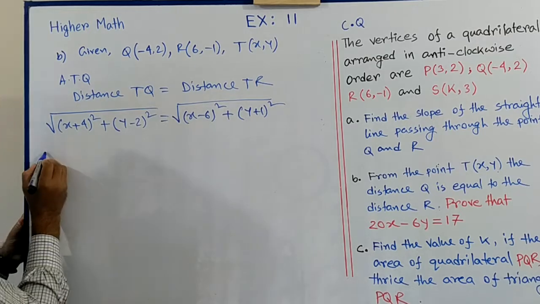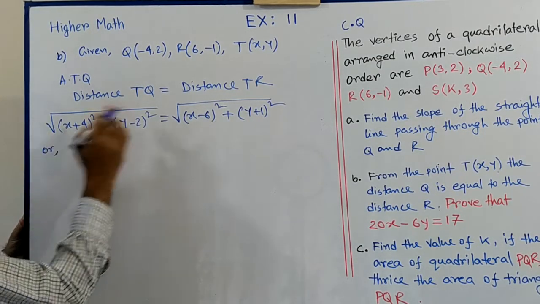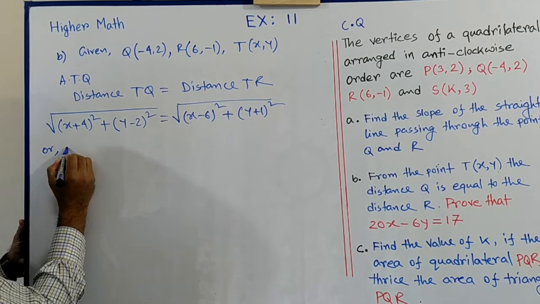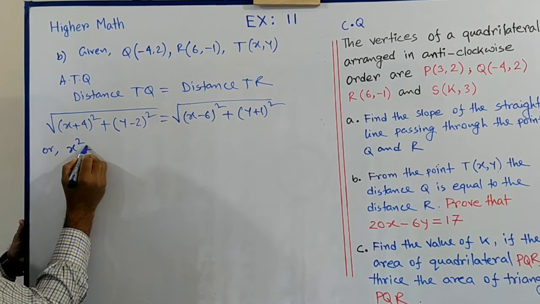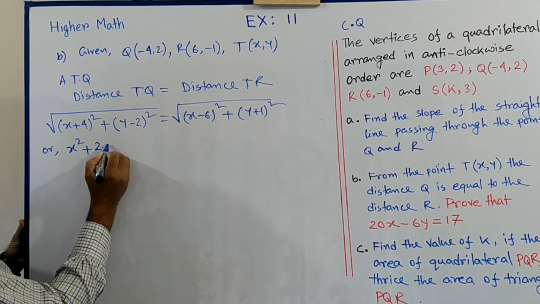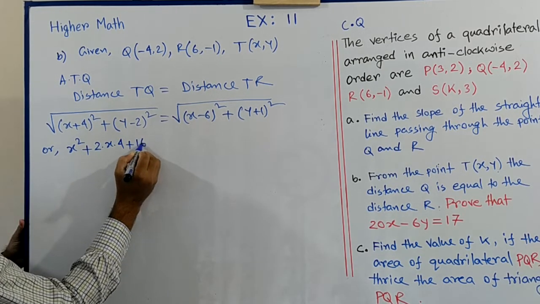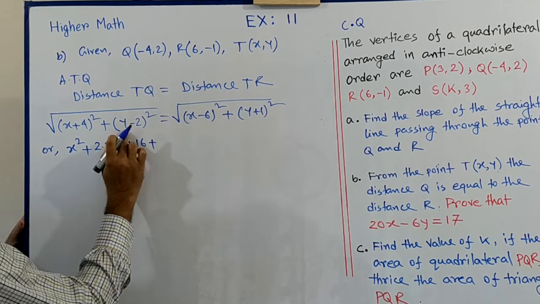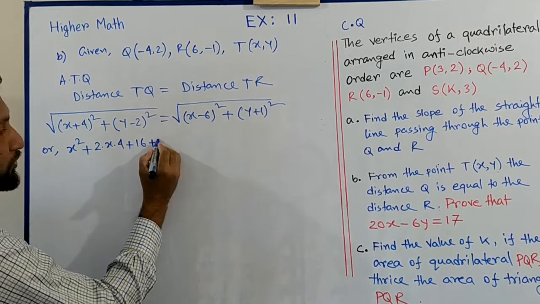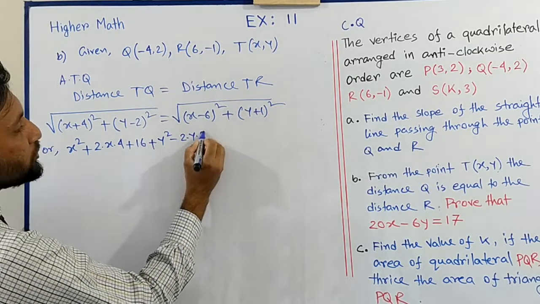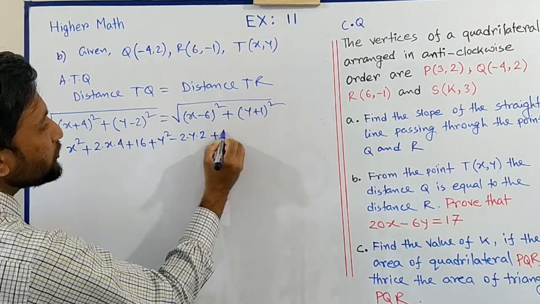Now by simple calculation, both side square roots vanish. So (x plus 4) square, the formula is (a plus b) square: x square plus 2 into x into 4, and then plus 4 square, that means 16. Then second, (y minus 2) square: y square minus 2 into y into 2, and then plus 2 square is 4.